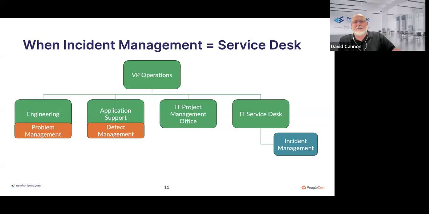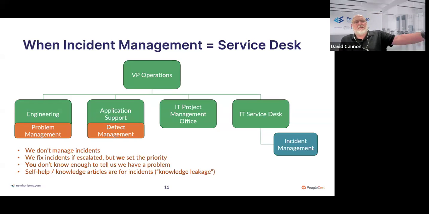And the problem on this team is this. Those orange blocks over there say we don't manage incidents. We'll fix them if you escalate them to us, but we'll set the priority because only we know what we're working on. Don't you tell us this is urgent.